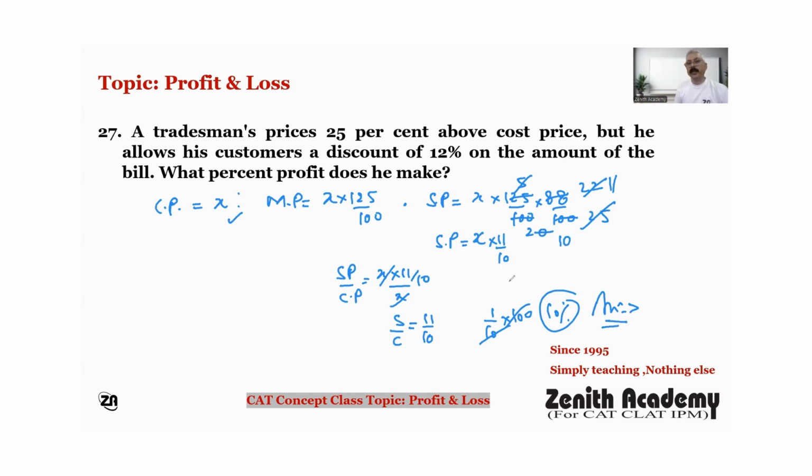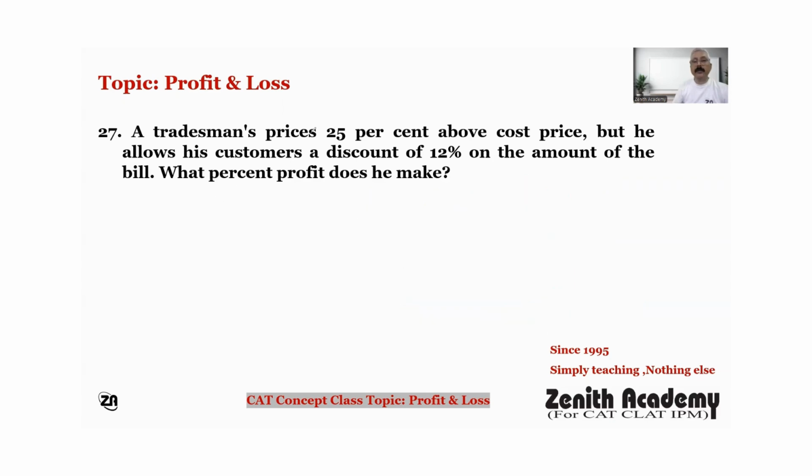One alternate approach I'm telling you, more or less it is the same, but quicker than this. Okay, so now see it. It is given that he prices 25% above the cost price, and the discount offered is 12%. What percent profit does he make? Percent is a ratio.